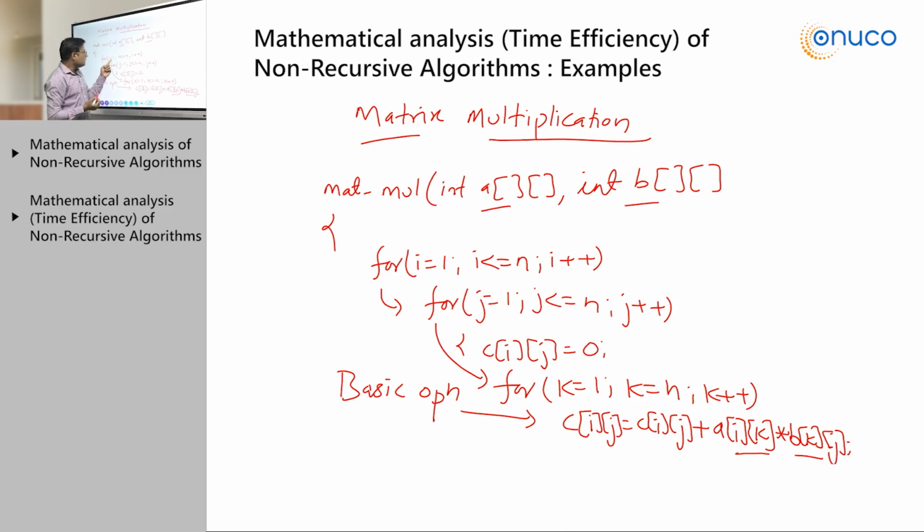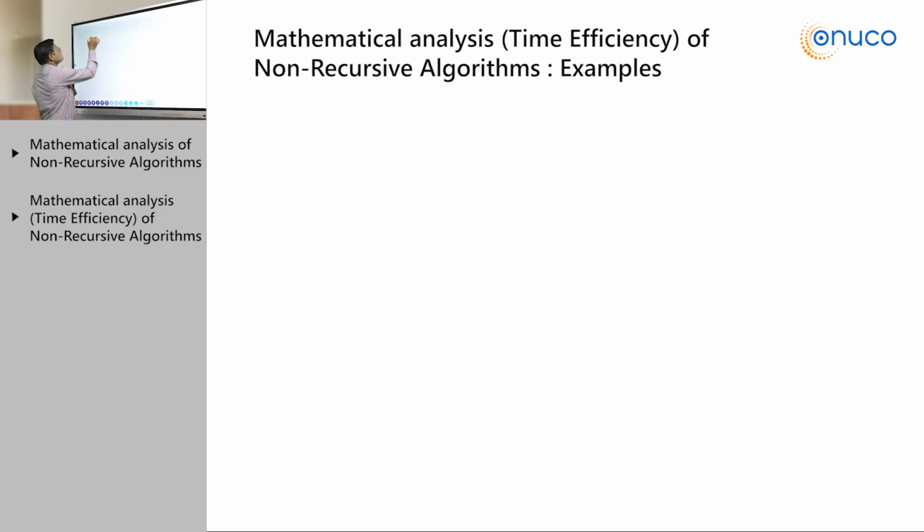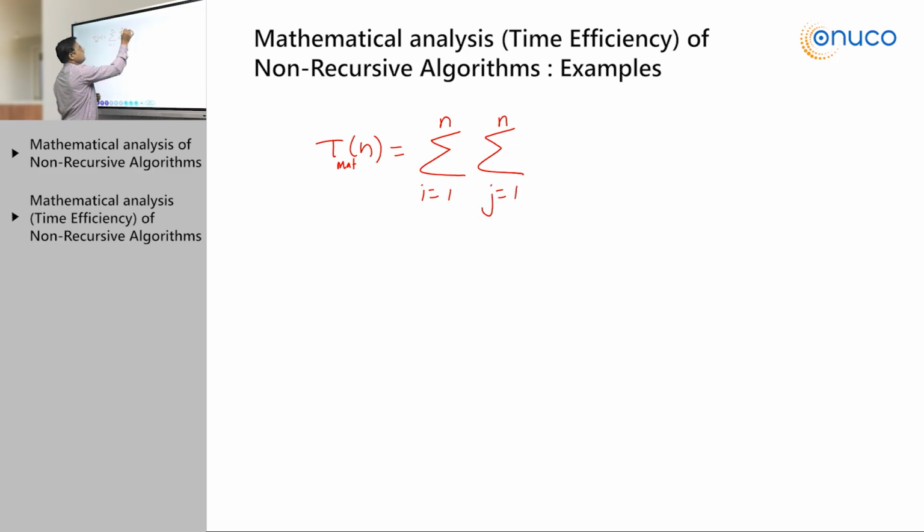In that case, one thing is there: all the for loops start from 1 to n, j is equal to 1 to n, and we have k is equal to 1 to n. So not a problem. We can now write the time complexity of matrix multiplication, or you can just write T mat of n. Time complexity of matrix multiplication is the summation of the first for loop from i is equal to 1 to n, then the second for loop from j is equal to 1 to n, third for loop from k is equal to 1 to n.